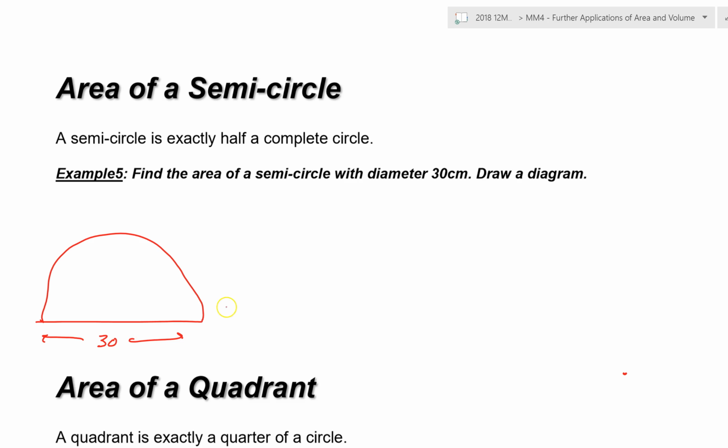That means my radius is 15 centimeters. It says draw a diagram, here's your diagram. If you put that 15 in there, that possibly scores you a mark straight away. Now my area equals half, it's half a circle, times pi times my radius, 15 squared.